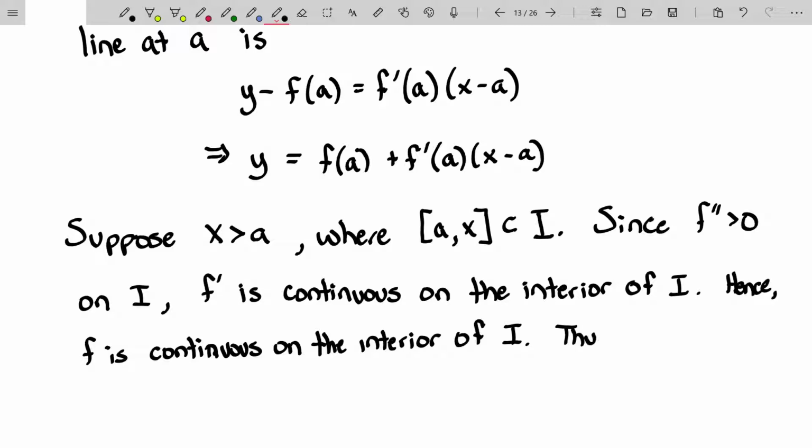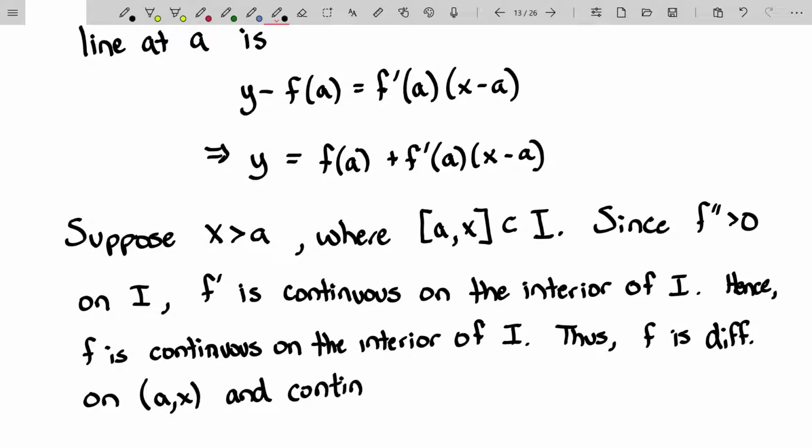Well, that means f is differentiable on the open interval from a to x, and continuous on the closed interval from a to x.